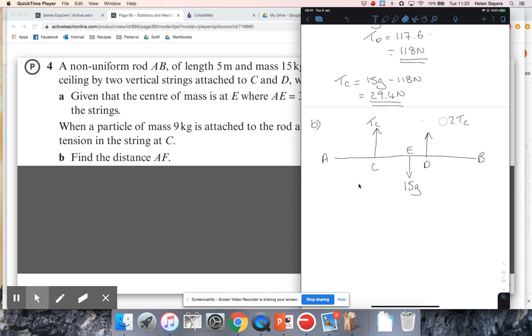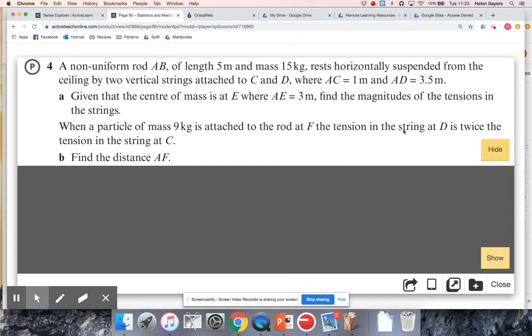The tension at D is twice the tension at C, and seeing as they're the same, I can get rid of the subscripts as well, which makes it look a little bit nicer. All of that is using this information here, that the tension at D is twice the tension at C.